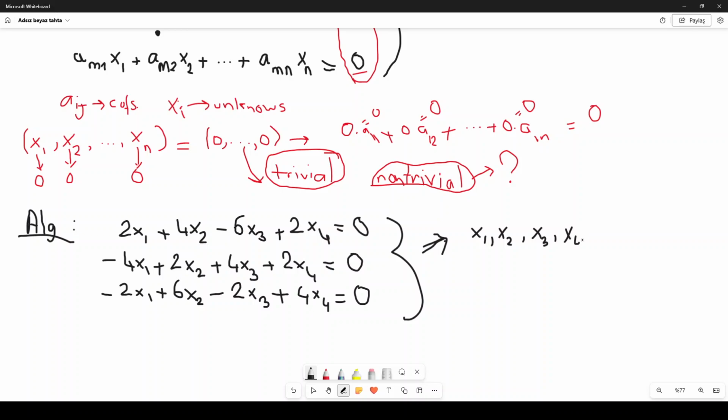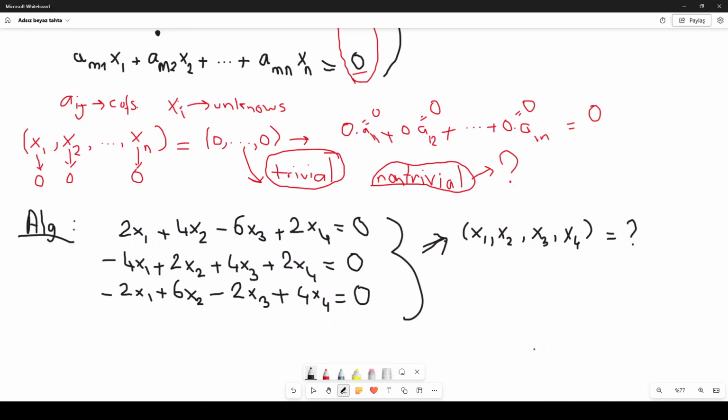And again, even before applying any technique to find the solution to this given homogeneous system, we know that we have at least one certain solution which we call trivial, right? Which is nothing but taking the values of all the unknown variables equal to 0. So if we have 0, 0, 0, 0, that will satisfy each equation, right?